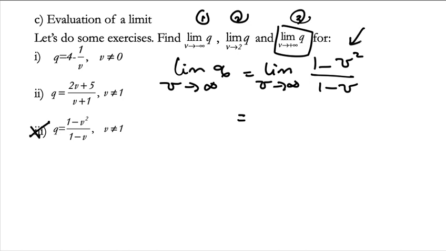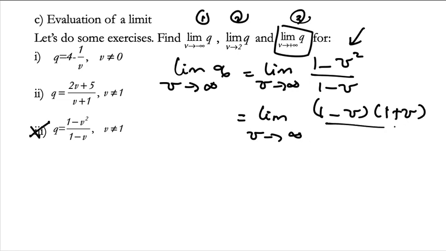Actually, the numerator, not the denominator, we can factorize even further. This is what I mean. The expression 1 minus V squared over 1 minus V can be further simplified as this: (1 minus V)(1 plus V) over (1 minus V), isn't it?